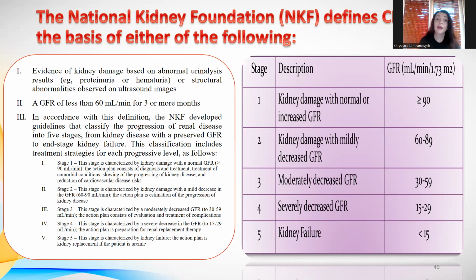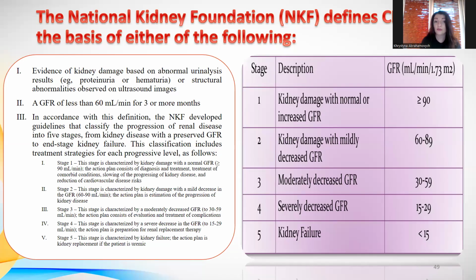In accordance with this definition, the National Kidney Foundation developed guidelines that classify the progression of renal disease into 5 stages, as you can see on the right of this slide. From kidney disease with a preserved glomerular filtration rate to end-stage kidney failure. This classification includes treatment strategies for each progressive level as follows.